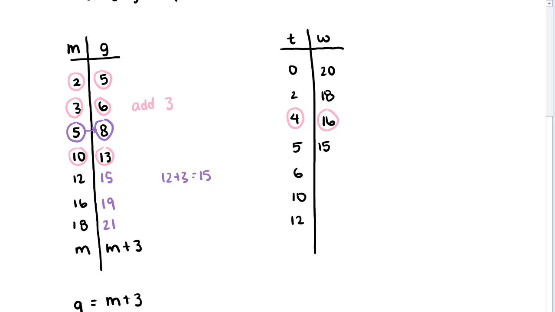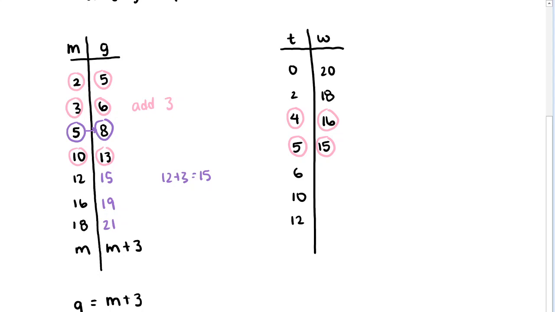One rule that might come to mind is, what would I need to add to 4 to get 16? Well, I would need to add 12. But if I try to apply that rule to other parts of this table, 5 and 15, that rule doesn't work. 5 plus 12 does not give me 15. 2 plus 12 does not give me 18. So that's not a valid rule for this table.